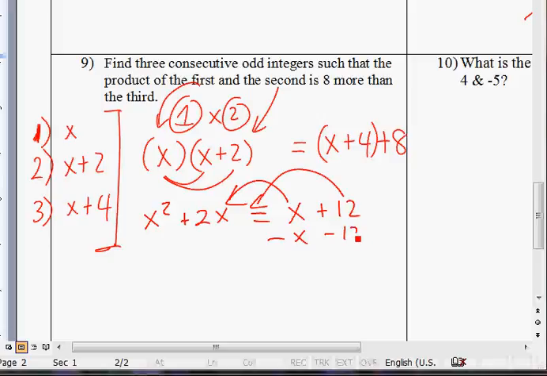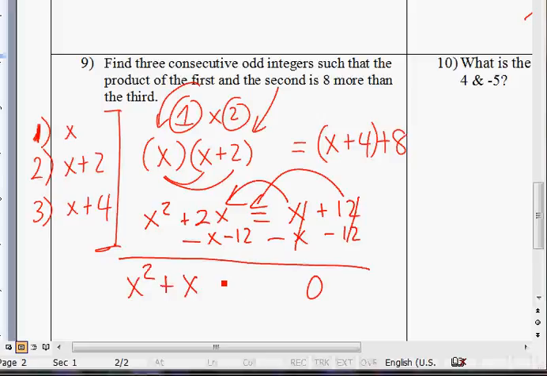Subtract x, minus 12. And we will have 0 here. And we have x squared plus 1x, or just x, minus 12, equal to 0.